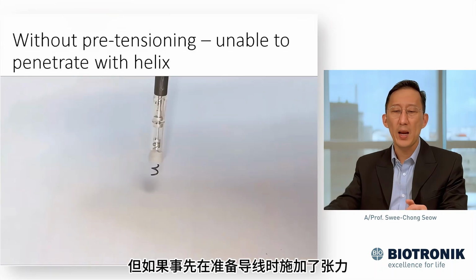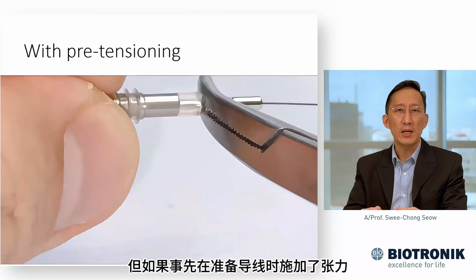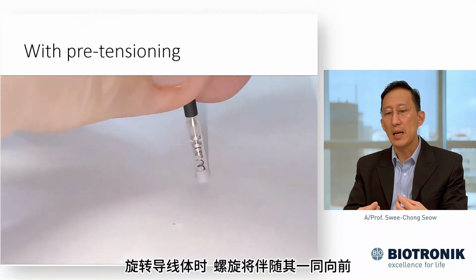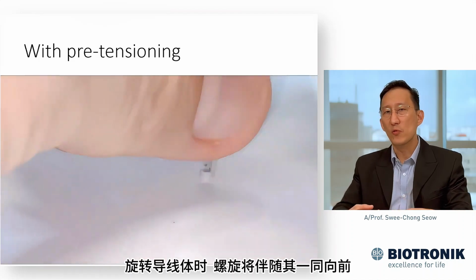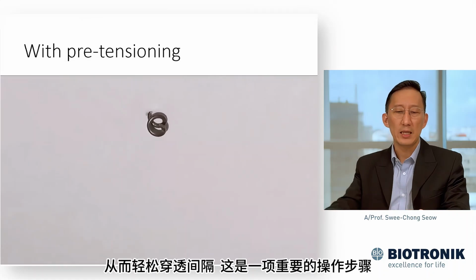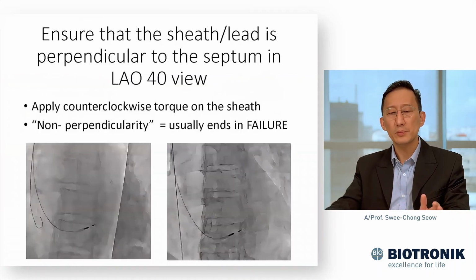But if you prepare the lead beforehand by pre-tensioning the system, then you'll be able to rotate the lead body, and that would move the helix along with it and allow you to penetrate the septum easily. So this is an important thing to do.